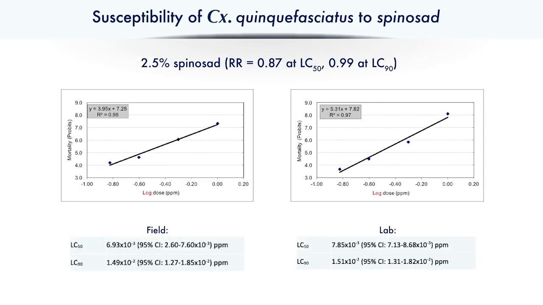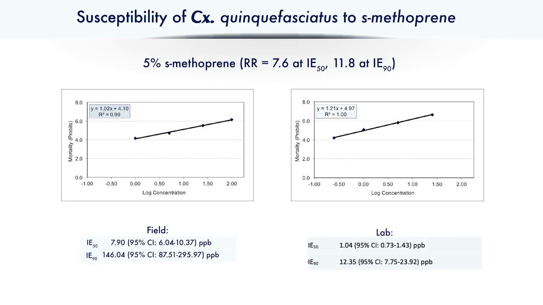The third group of bioassay results is for the same population and its susceptibility to spinosad. Notice that the LC50s are considerably lower than for the two bacterial larvicides. This last group of bioassay results is for the insect growth regulator methoprene.